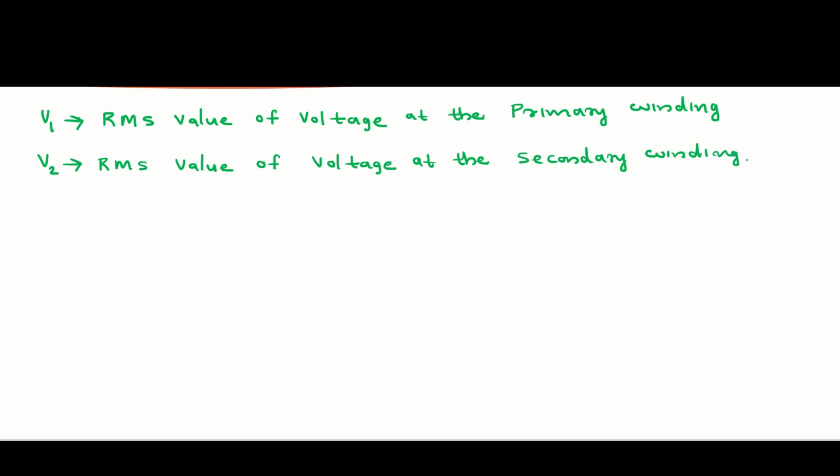Similarly, I1 is the RMS value of current at the primary winding, and I2 is the RMS value of current at the secondary winding.